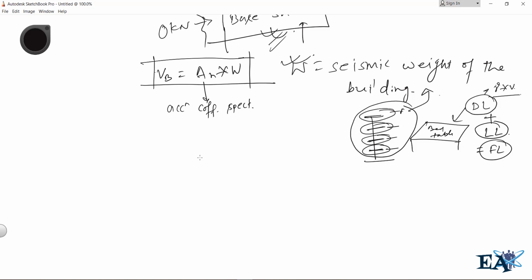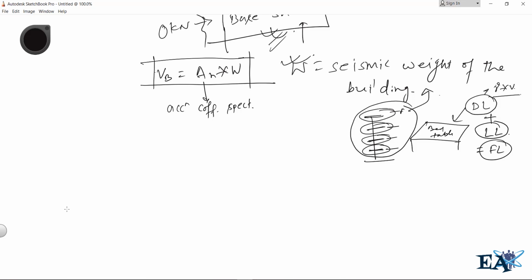We know that earthquake is not the same everywhere. It might be severe somewhere. The effect of the earthquake is also not the same on all soil types. It is different in rocky soil, different in loamy soil, and different in soft soil. Also, the behavior of the earthquake differs as per the building type.